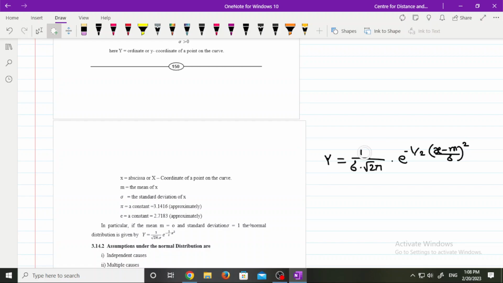Here the value of m is 0 and the standard deviation sigma is equal to 1.